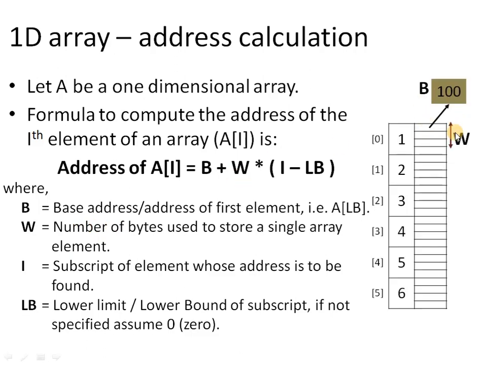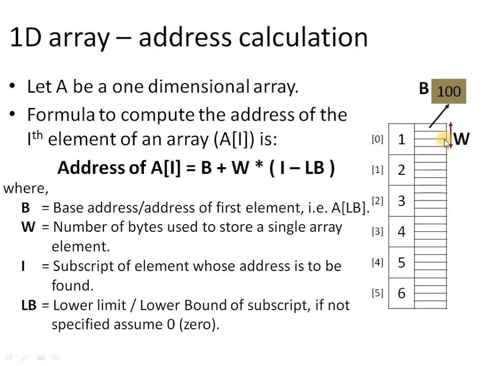For example, let's say we have an array of size 6. Here 1, 2, 3, 4, 5, 6 are simply representing the contents, and the index values are represented within the square brackets. Then B is the address of the first element, which here is equal to 100, and W is the number of bytes to store a single element, which is equal to 4 in this example.